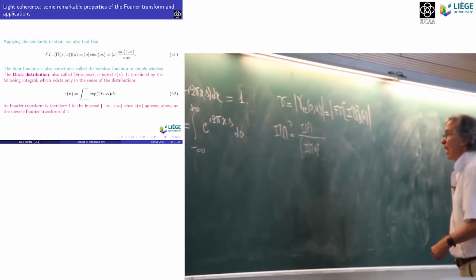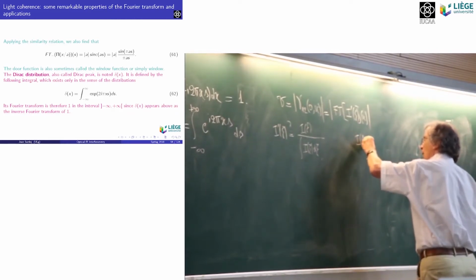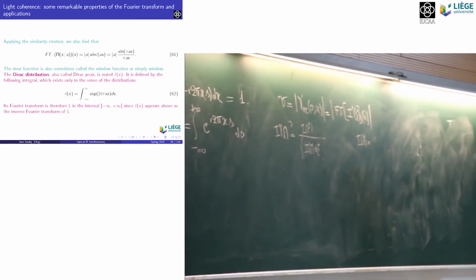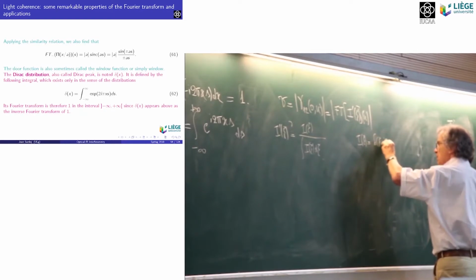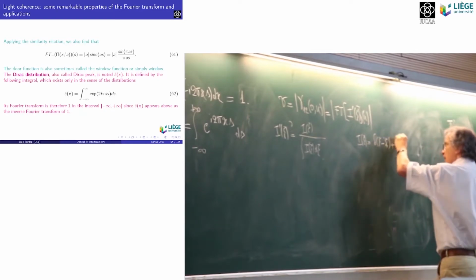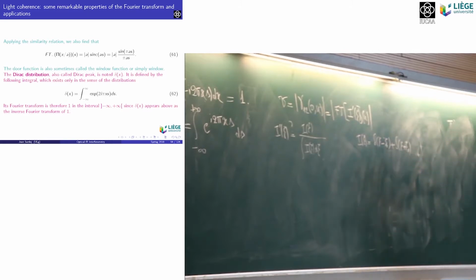Now I(ζ), since the separation is 2ζ0, I could say it is simply δ(ζ − ζ0) + δ(ζ + ζ0). So this is a nice way to represent a double star.